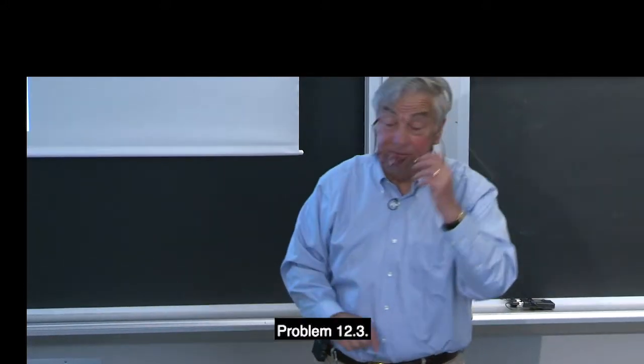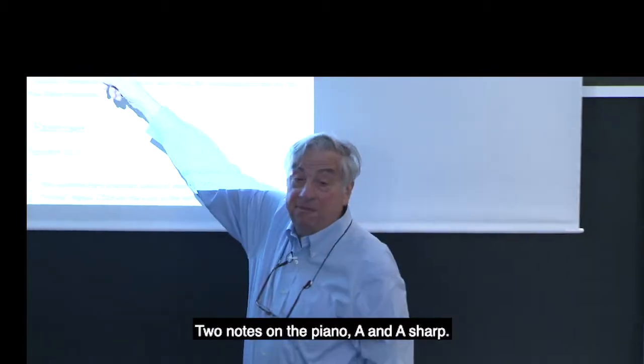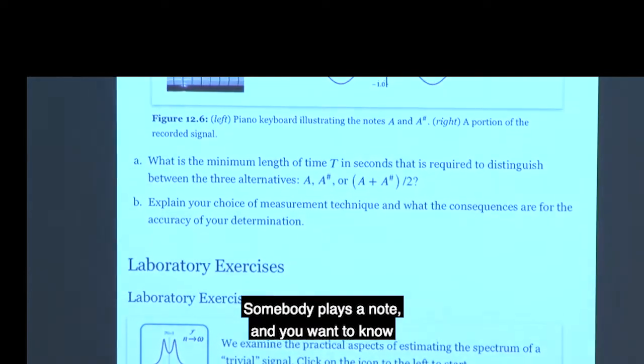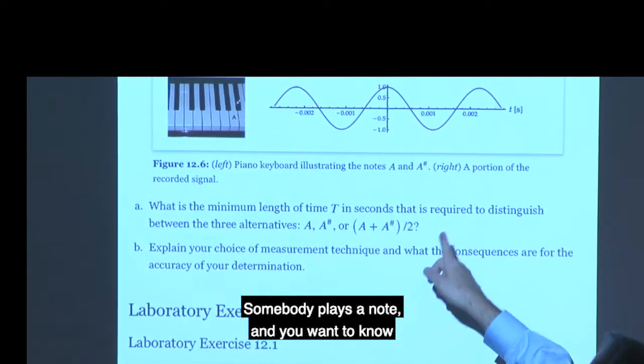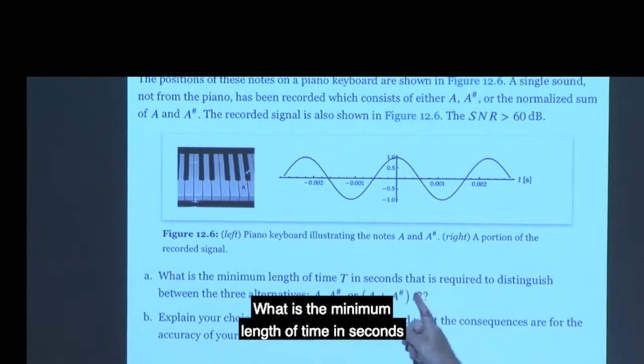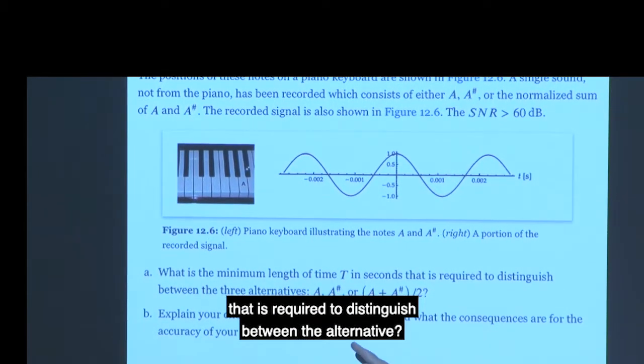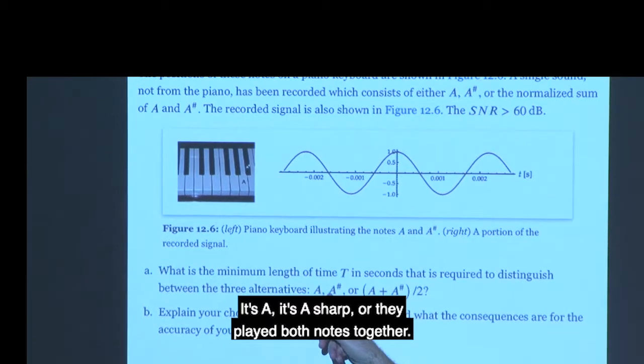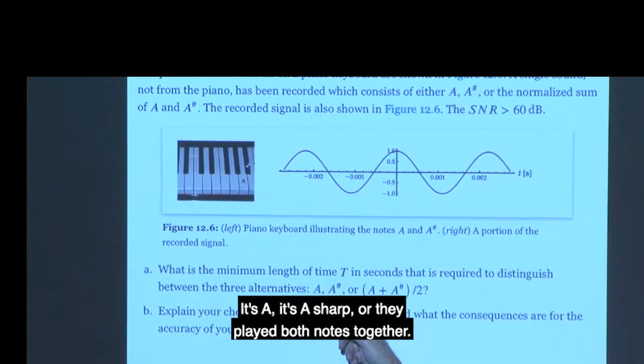Problem 12.3. 2 notes on the piano, A and A sharp. Somebody plays a note, and you want to know which note they played. What is the minimum length of time in seconds that is required to distinguish between the alternatives: it's A, it's A sharp, or they played both notes together.